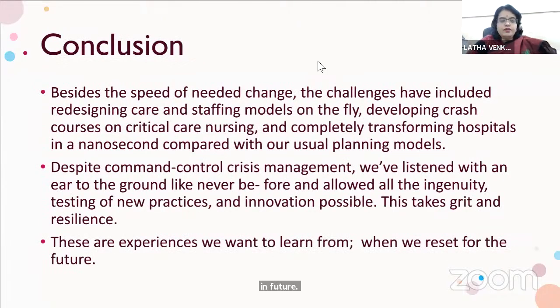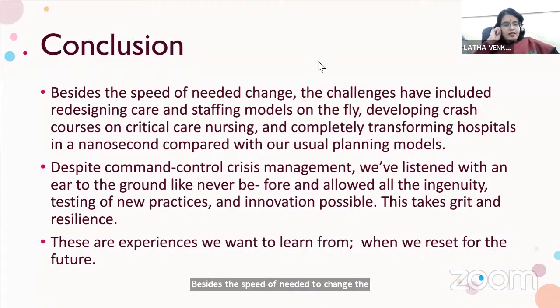So to conclude, besides the speed of needed change, the challenges have included redesigning care and staffing models on the fly, developing crash courses on critical care nursing, and completely transforming hospitals in a nanosecond compared with our usual planning models.